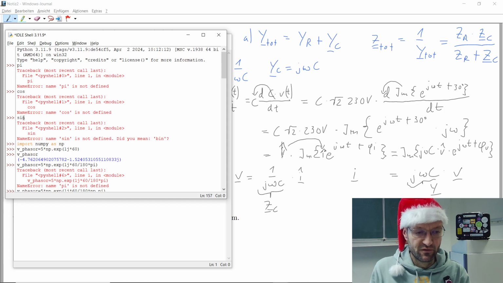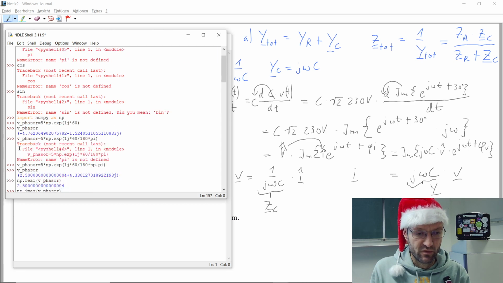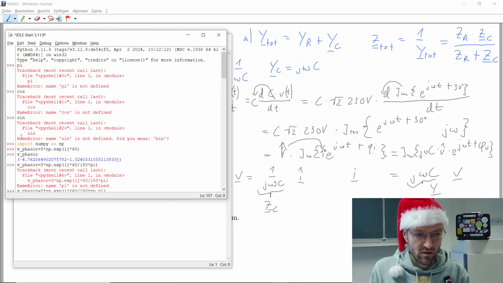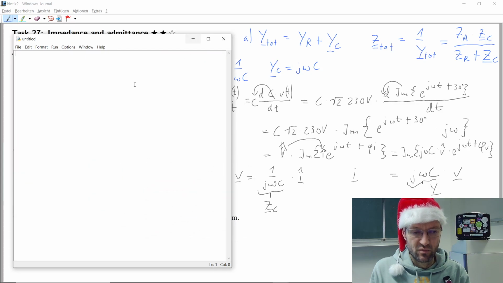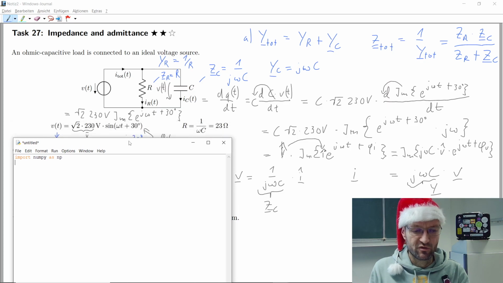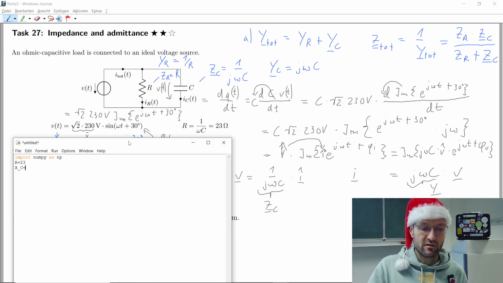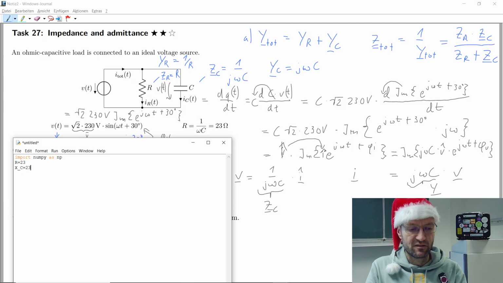So the first thing that we will do is import numpy as np. And then we need to have values. So the resistance is 23, and the 1 over omega C for the capacitor I will call XC. It's the reactance, and this is also 23.